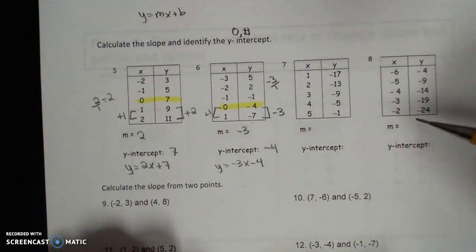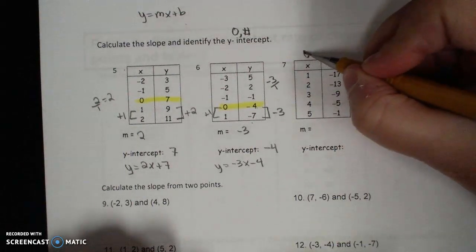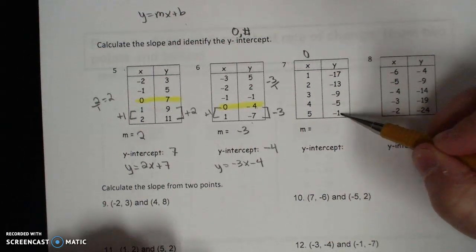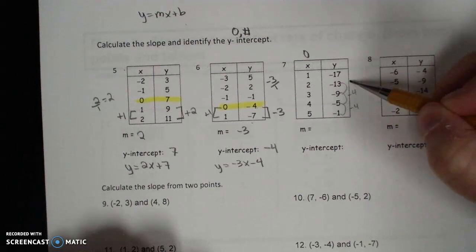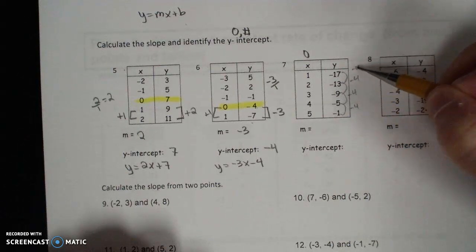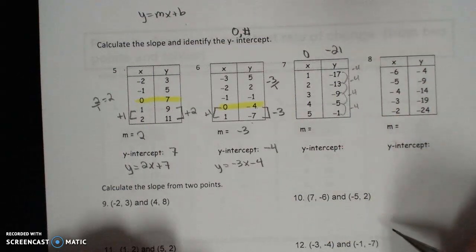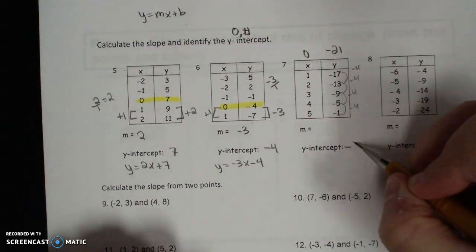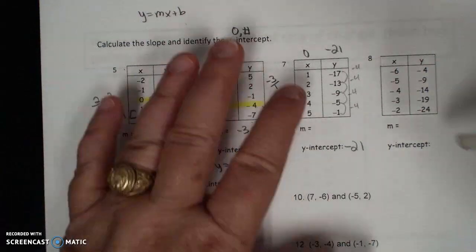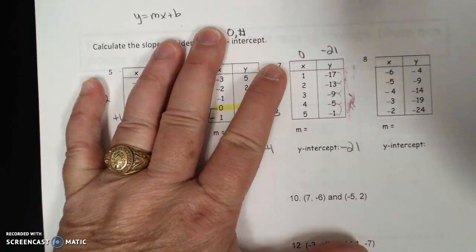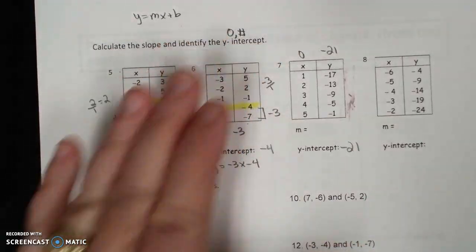Here, I don't have a 0, but I can create it. 5, 4, 3, 2, 1, 0. From here to here is minus 4. From here to here is minus 4. And minus 4 here to here is minus 4. So if I subtract 4 again, I get negative 21. Okay, so I found my y-intercept. Let's make it a little nicer.